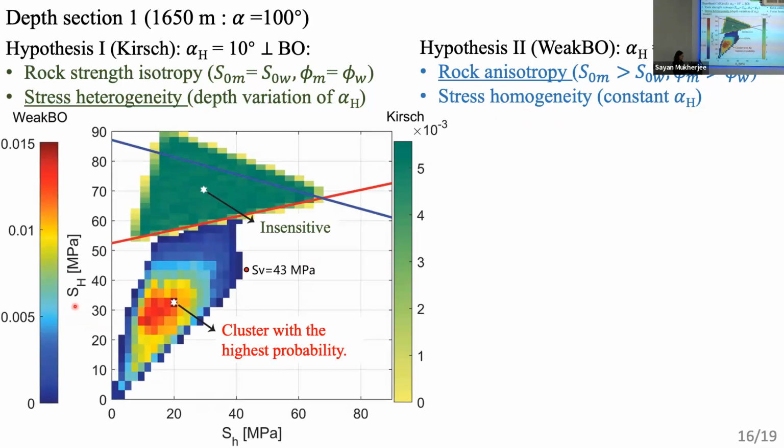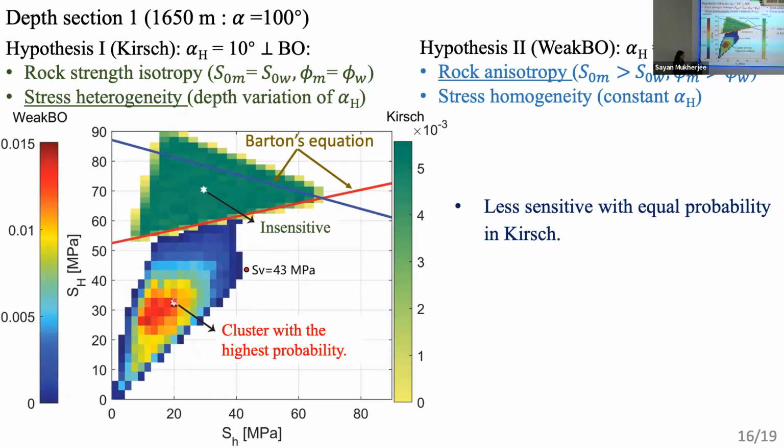The x and y axes are the minimum and maximum horizontal stress magnitudes. The blue and red lines are from the conventional Barton's equation, the green patches are the stress field from the Kirsch equation, and the rainbow color here is from the weak plane cases.